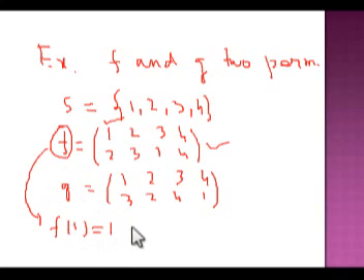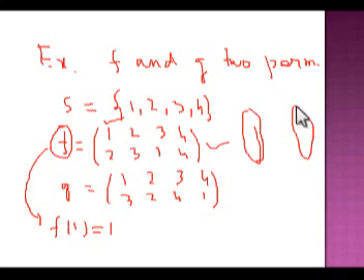In this way, you can represent it with a diagram: under F, these are 1, 2, 3, 4 and these are 1, 2, 3, 4.